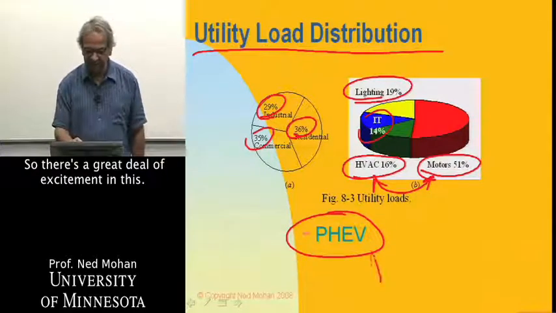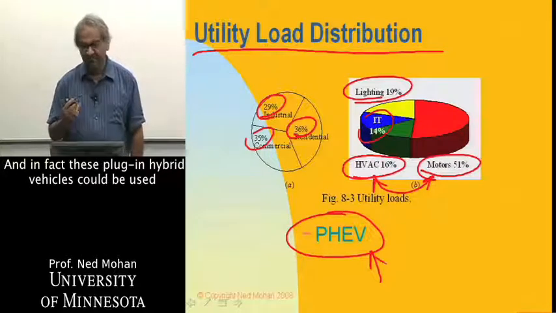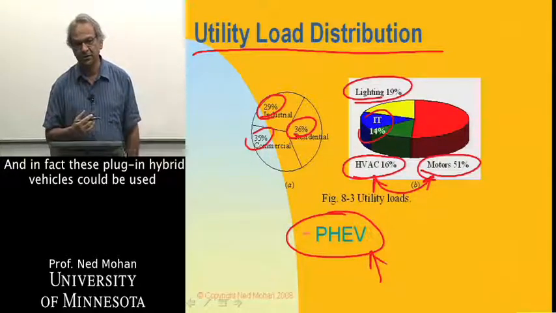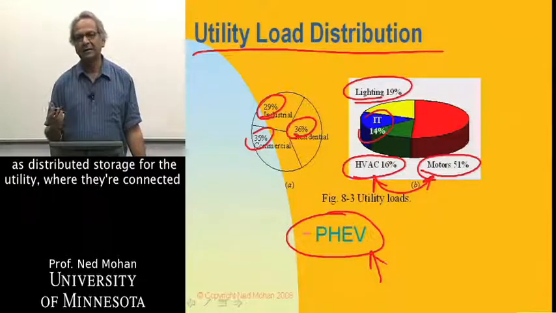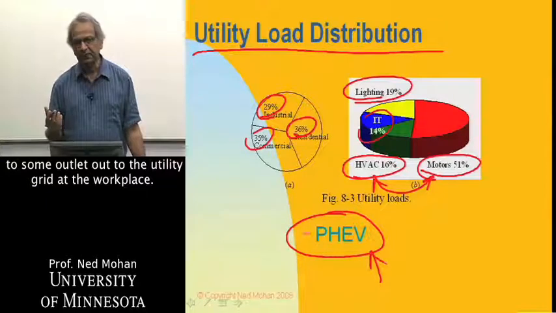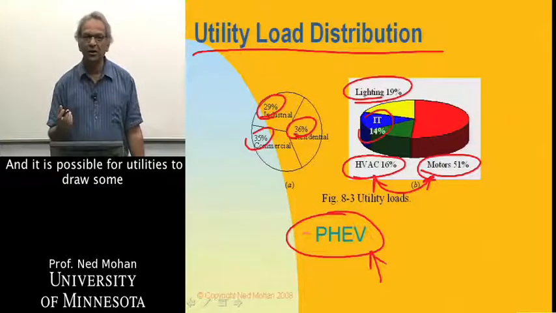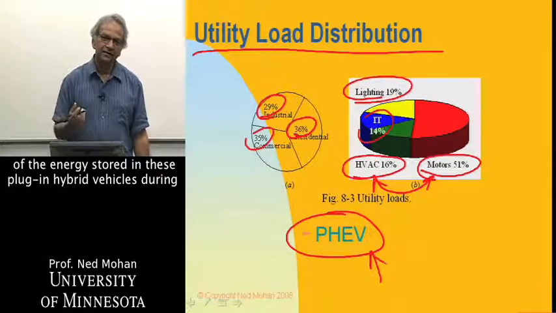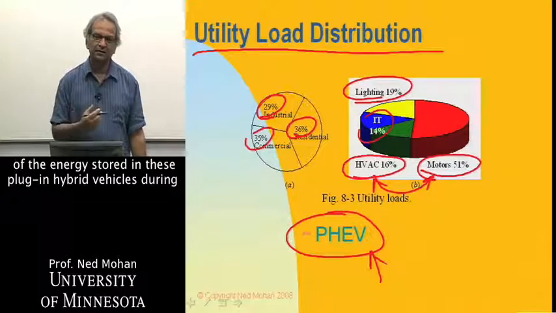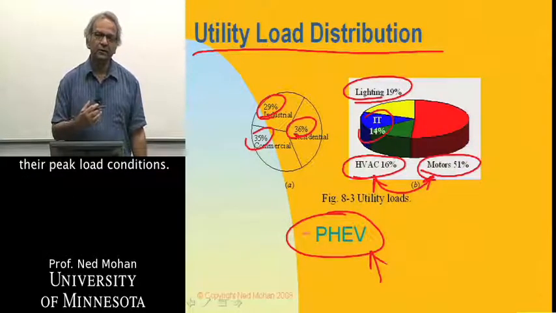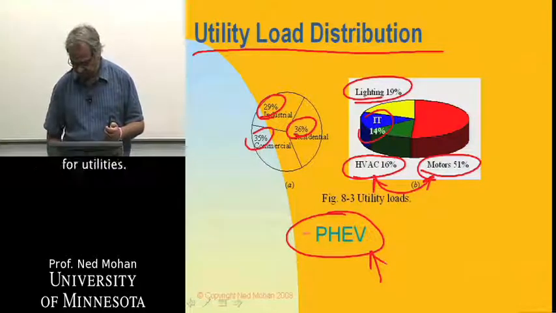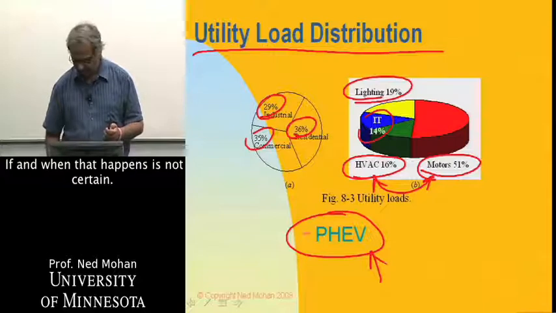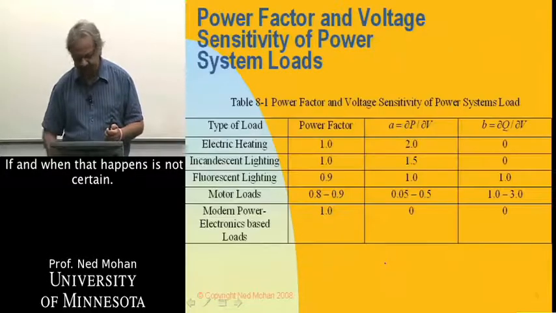So there's a great deal of excitement in this, and in fact these plug-in hybrid vehicles could be used as distributed storage for the utility, where if they are connected to some outlet or to the utility grid at the workplace, then it is possible for utilities to draw some of the energy stored in these vehicles during their peak load conditions. So in effect they will be distributed storage for utilities. If and when that happens is not certain.